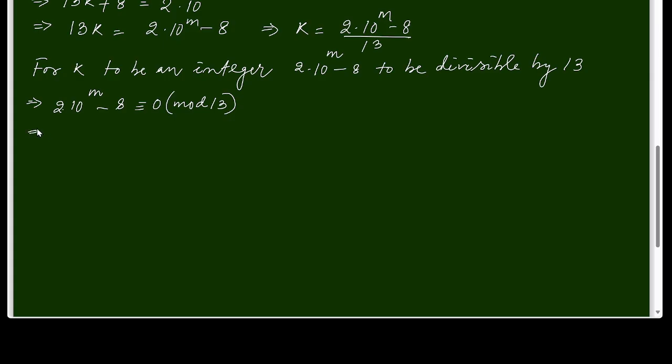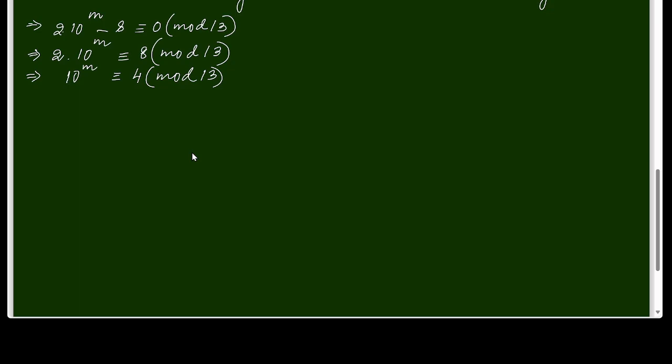Or, from number theory, this is the same as 2 into 10 to the power m is congruent to 8 modulo 13, or 10 to the power m should be congruent to 4 modulo 13. We will find the m such that it will be 4 modulo 13. So let's go one by one.